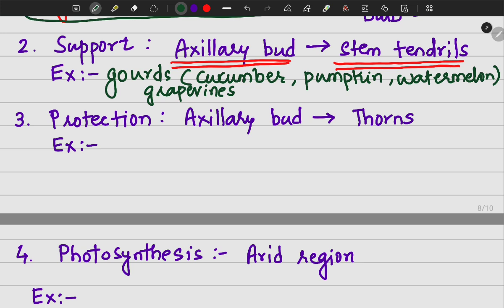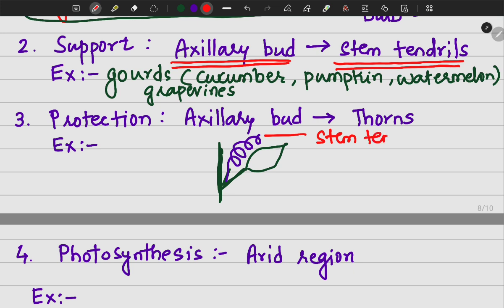What is a stem tendril? A stem tendril forms from the axillary bud. Suppose this is a stem and this is a leaf and this is an axillary bud. This axillary bud will form a thin and spirally coiled structure which is called a stem tendril, and this stem tendril helps to climb.